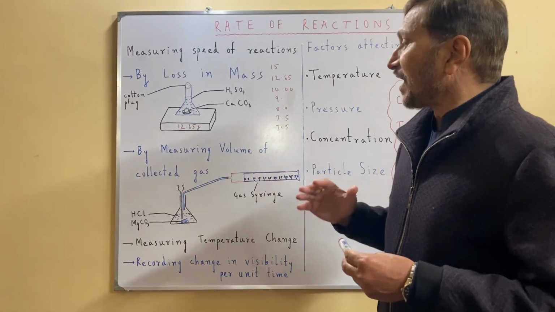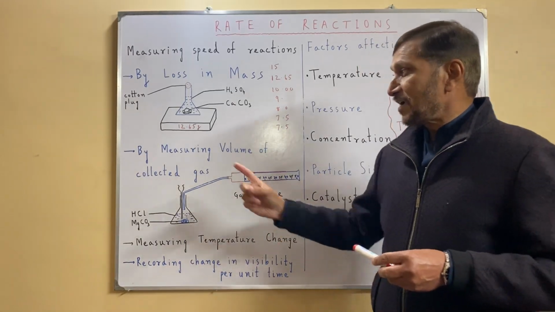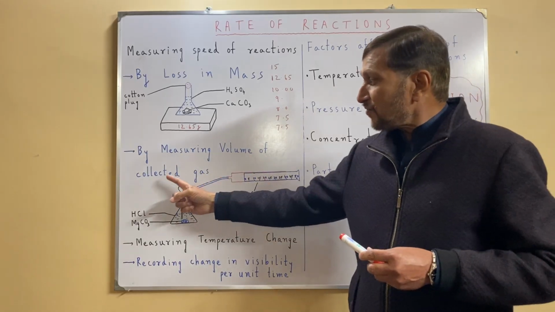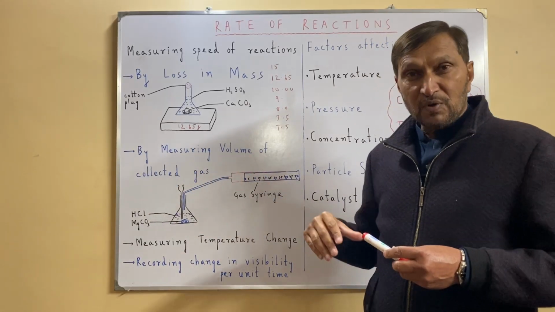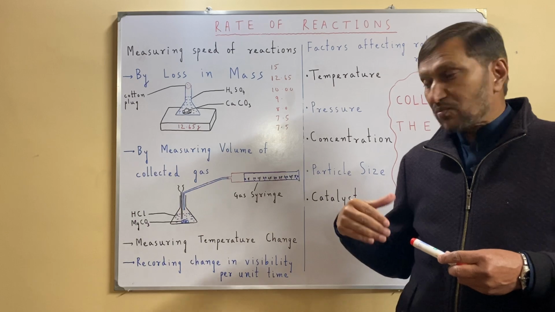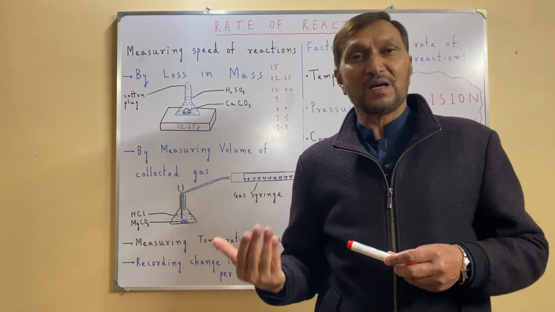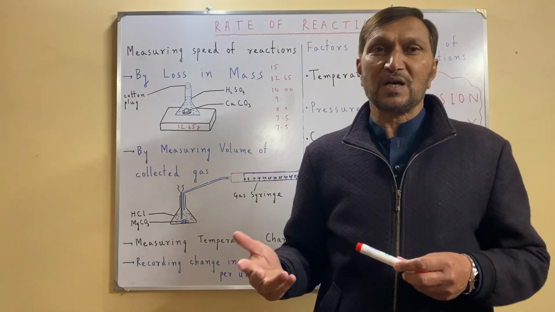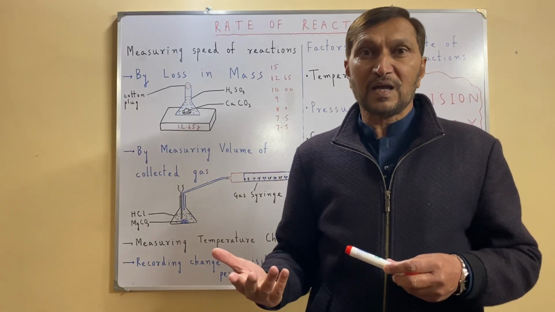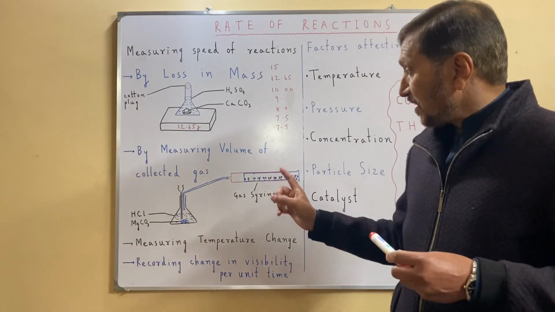Another method of measuring the speed of reaction is by measuring the volume of collected gas, because in most chemical reactions some kind of gas is produced, for example carbon dioxide or hydrogen or ammonia or any other gas.